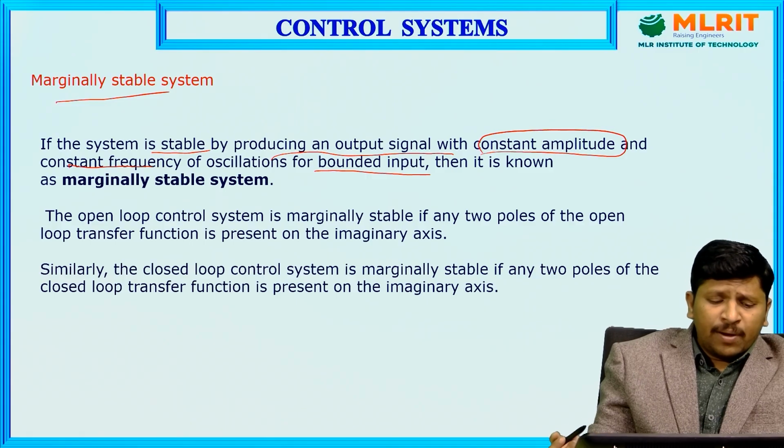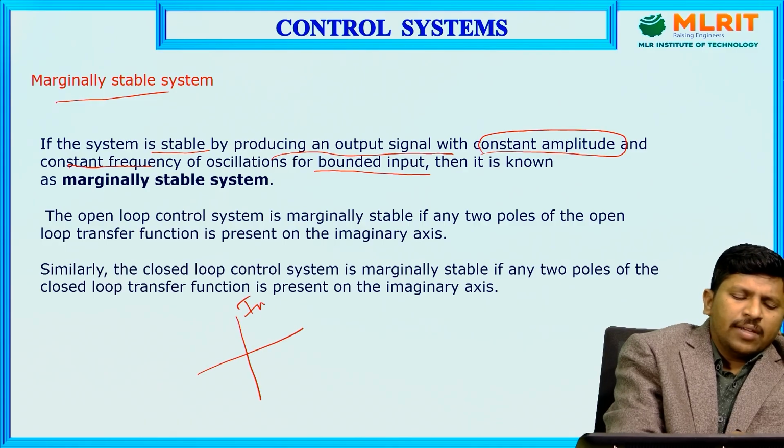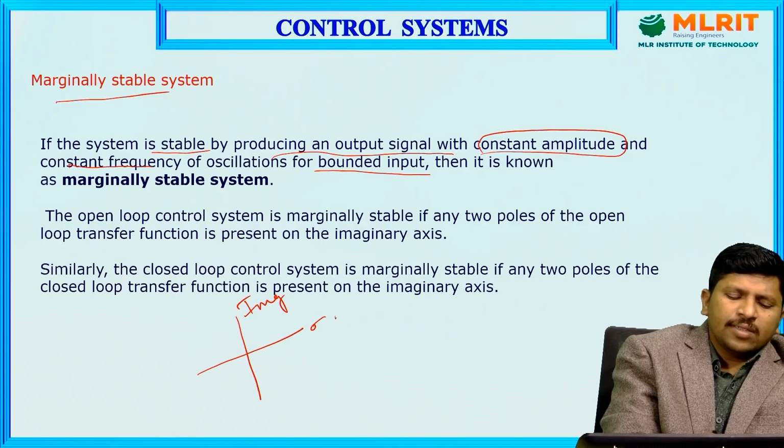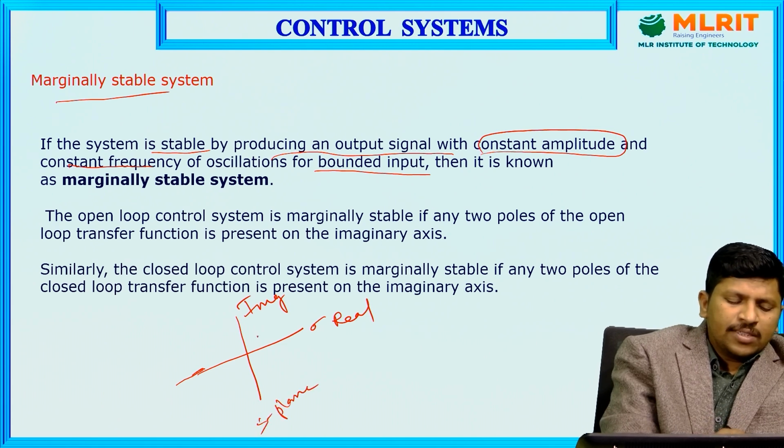For example, I am going to draw like this. This is the imaginary axis and this one is the real axis. Now I am going to represent the poles on the S plane. The first pole is in the left half of the S plane and the second pole is also in the left half.